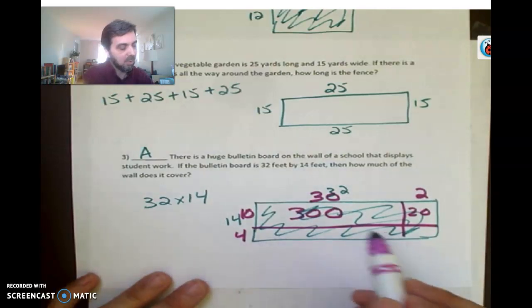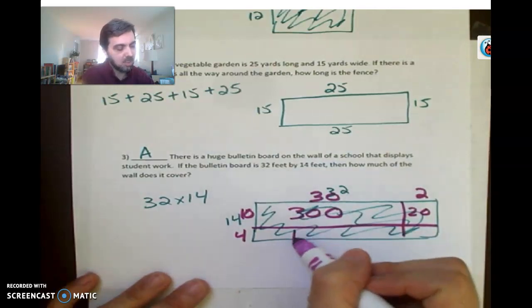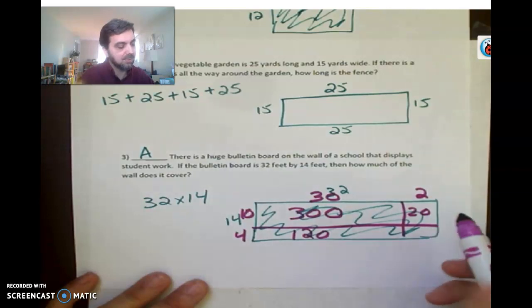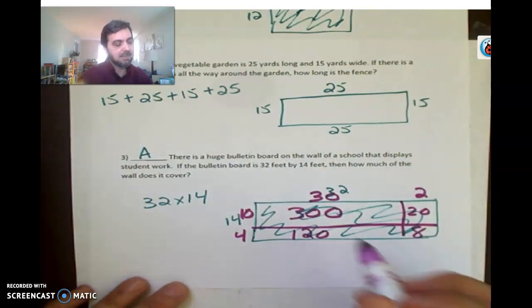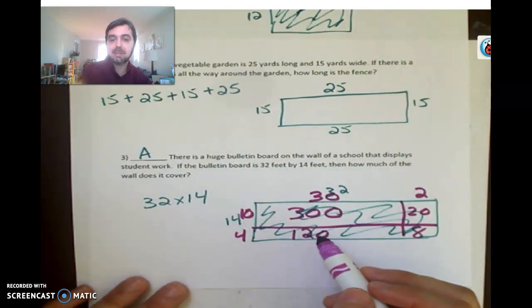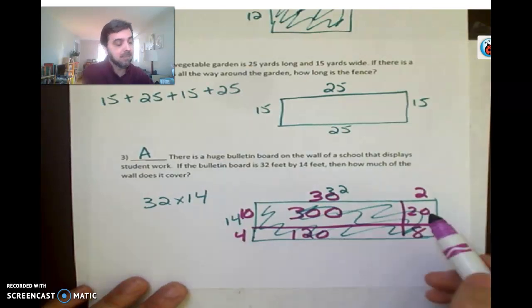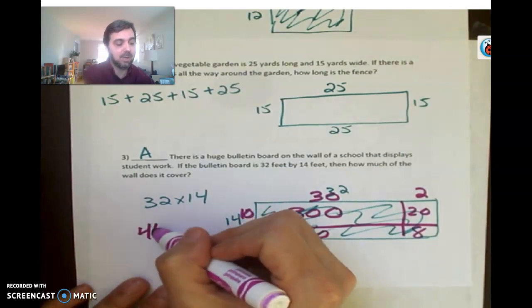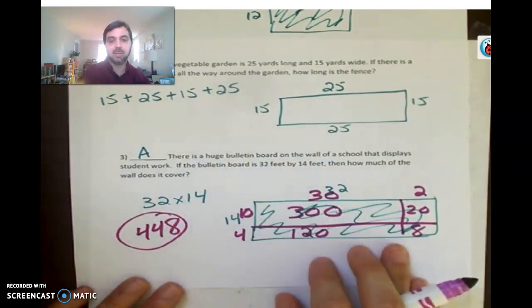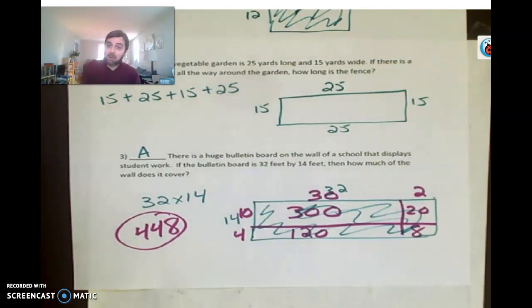Down here we have 4 rows of 30, which is 120, and 4 rows of 2, which is 8. If we add up 300 plus 120, that's 420. Another 20 is 440, and another 8 is 448. That's using the area model to figure out the area of the bulletin board.